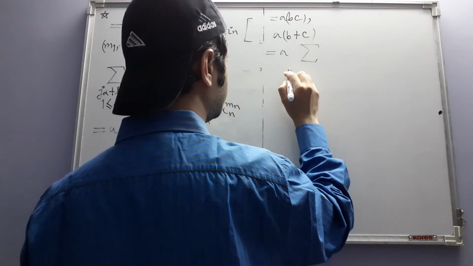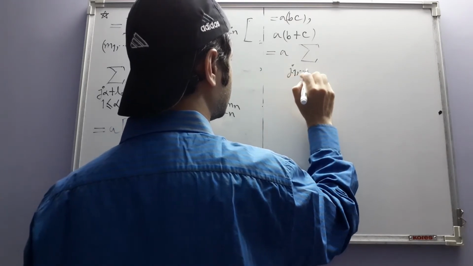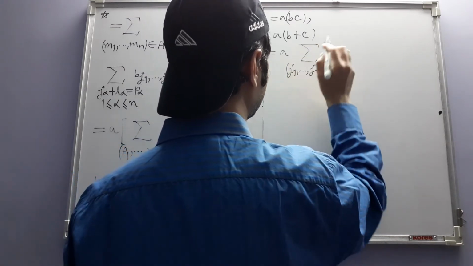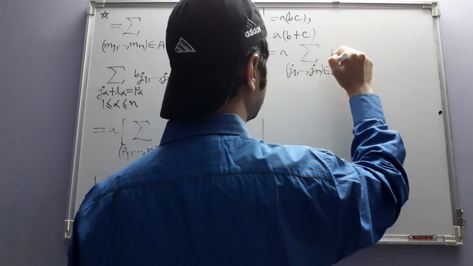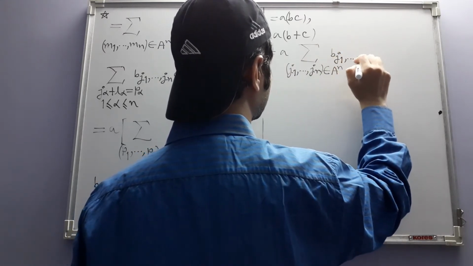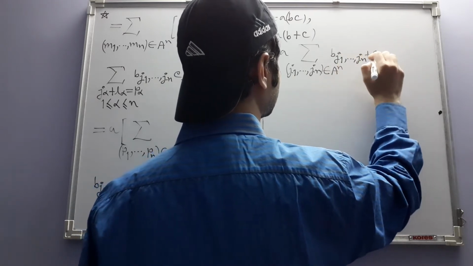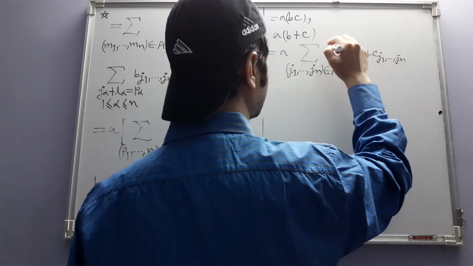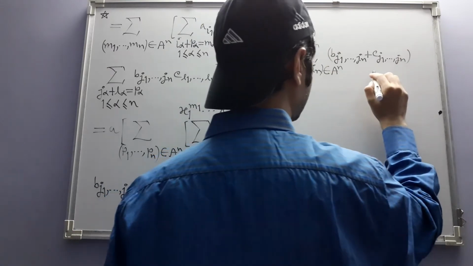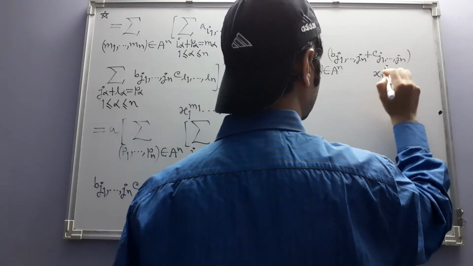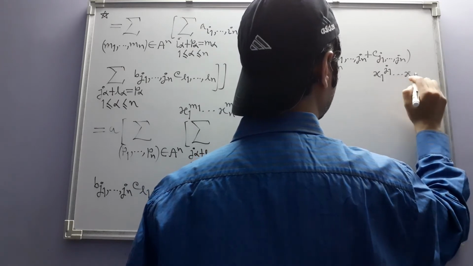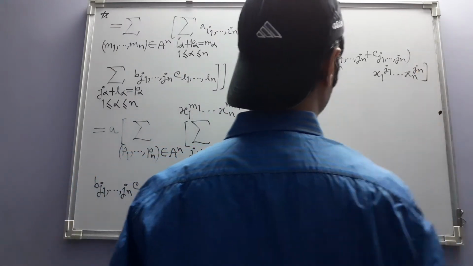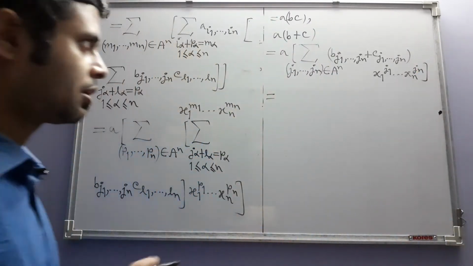For B plus C we write B J1 J2 up to Jn plus C, x n to the power Jn. Now we have to perform the multiplication.